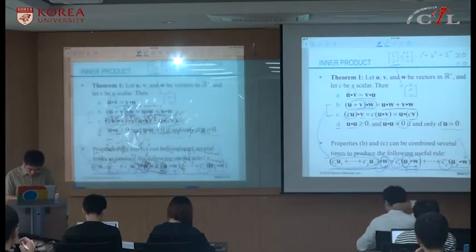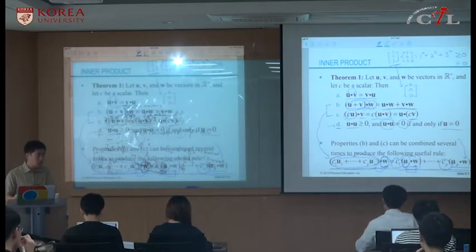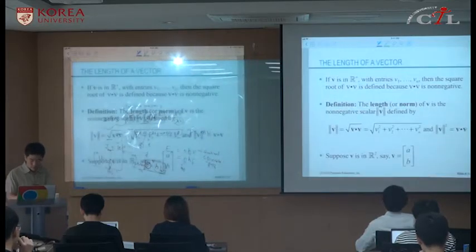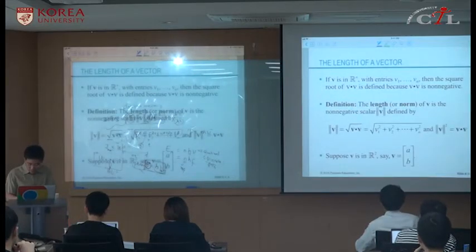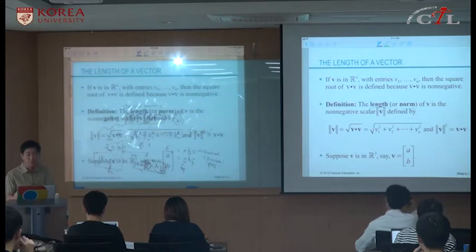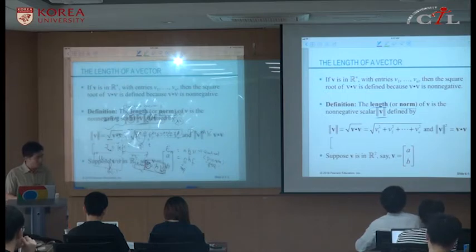Focusing on item D, the inner product of a vector with itself is called the length or the norm of the given vector, and it has a special notation.